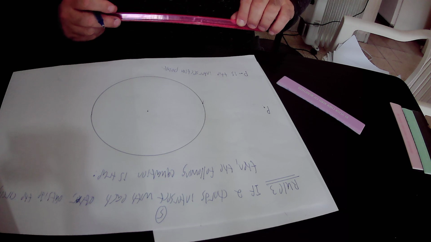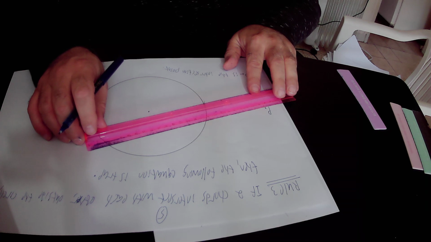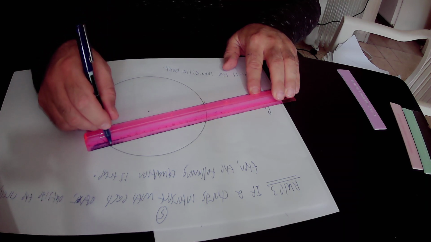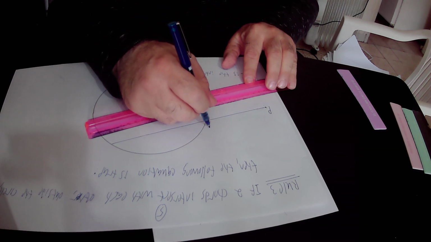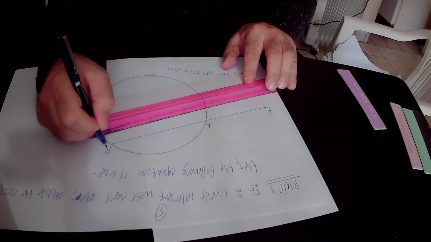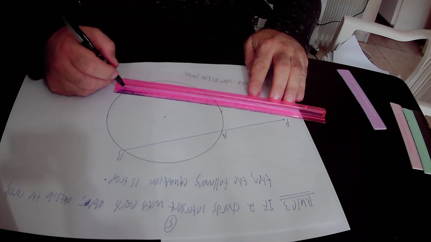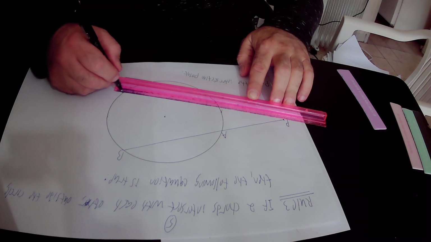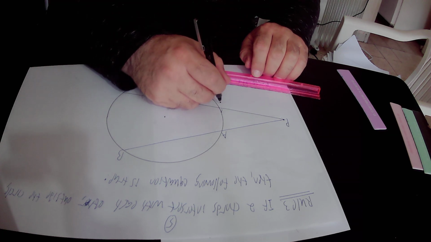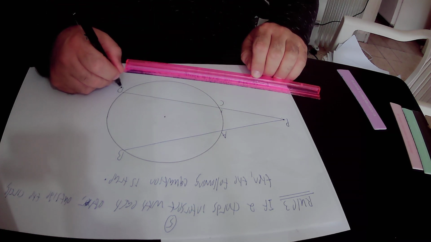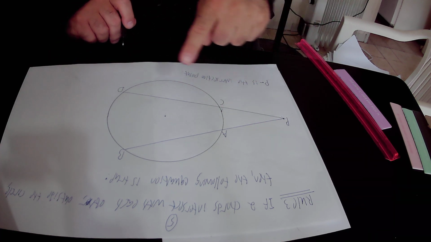So here we have the first chord, chord AB, that intersects with chord CD. Point P is the intersection point of chord AB with chord CD.